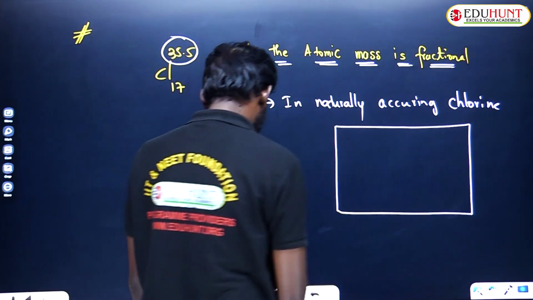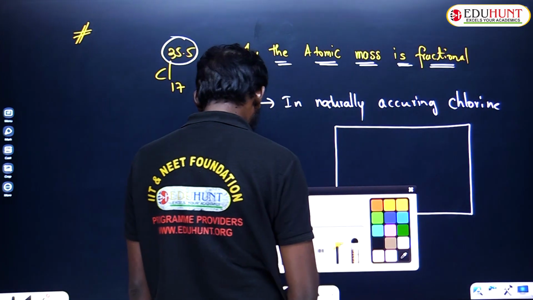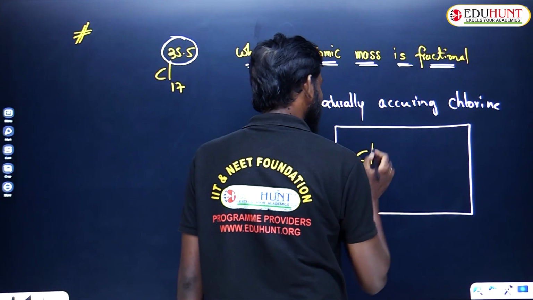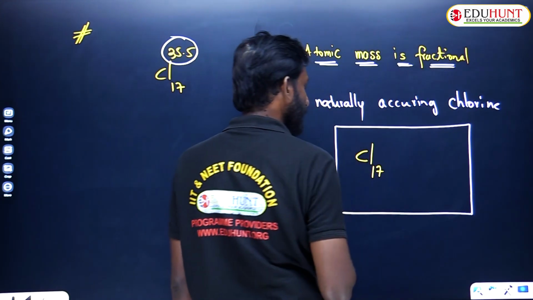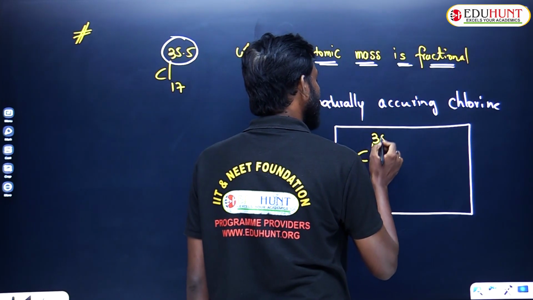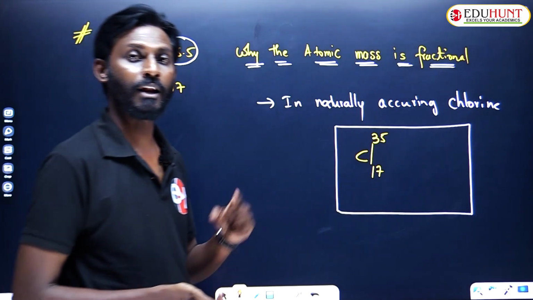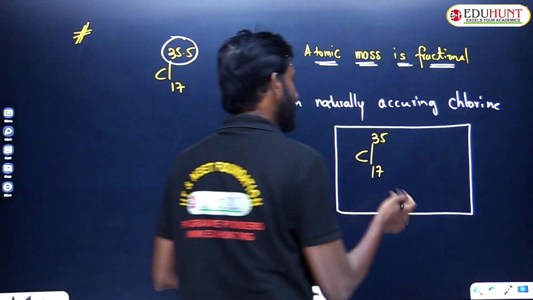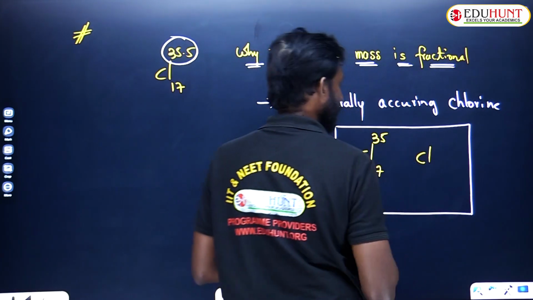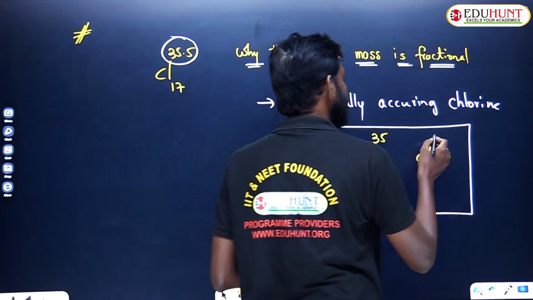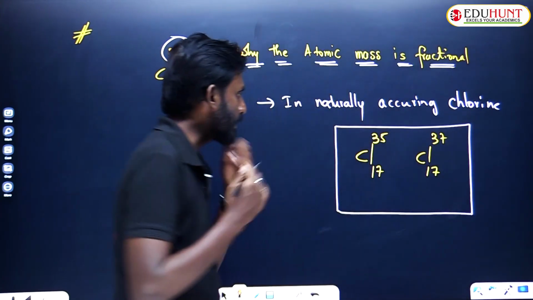In this chlorine, all atoms are not the same type. How, sir? See, chlorine, atomic number 17, mass number 35, this type of chlorine is available in nature. Along with this type, there is one more type of chlorine atom also available, atomic number 17, mass number 37. Sir, how is it possible?